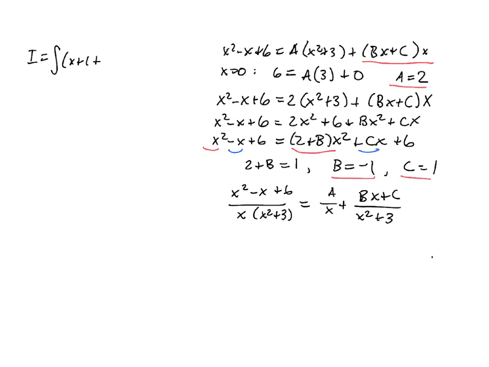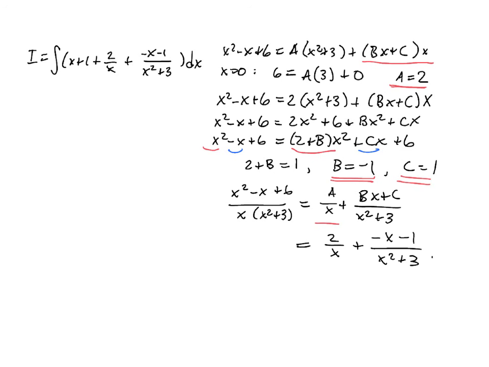So we have a equals 2 in the first bit here, so that's 2 over x, plus negative x minus 1 over x squared plus 3. That's using, again, these values that we found here. So back in the integral, we have minus x minus 1 over x squared plus 3, all integrated with respect to x.